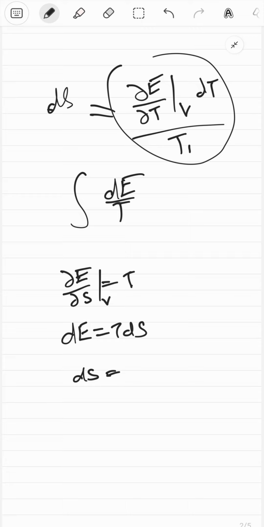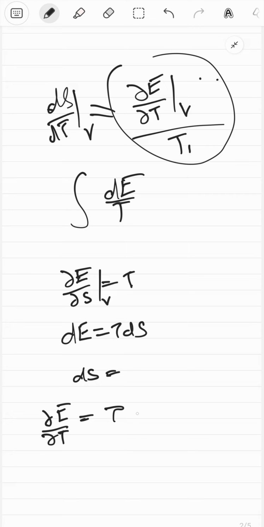Yes. Or if you can show that this is the thing at dT at constant temperature, so at constant volume. So essentially what you're saying is dE upon dT is just equal to T times dS upon dT at constant volume. If you can show that, then you're done.